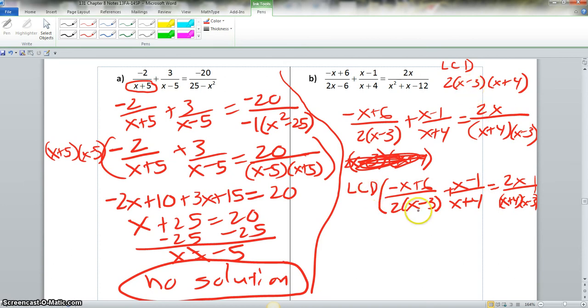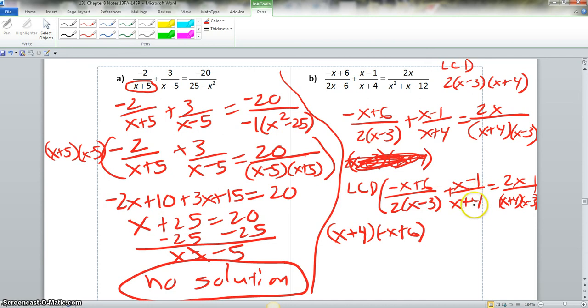If you notice here, this x minus 3 and this x minus 3 will simplify out, and this 2 and 2 will simplify out. So we will have x plus 4 times a negative x plus 6. Now that would take care of the first term.